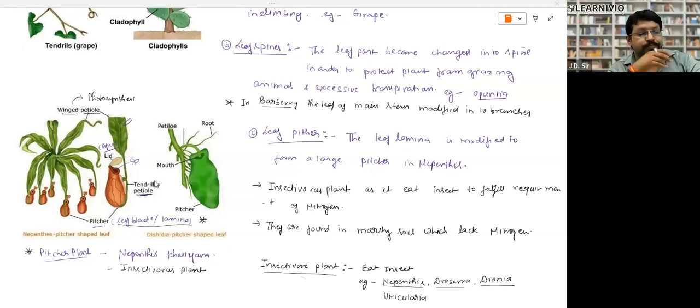Please note it down: in pitcher plant, the pitcher is a modification of the leaf blade or lamina.